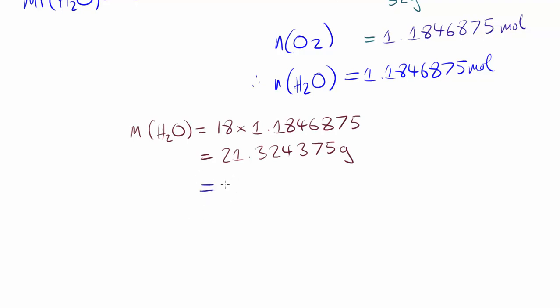So that's going to be equal to 21.32 grams, to 2 decimal places. Okay, so that is effectively our answer in this case, in terms of our mass of H2O.